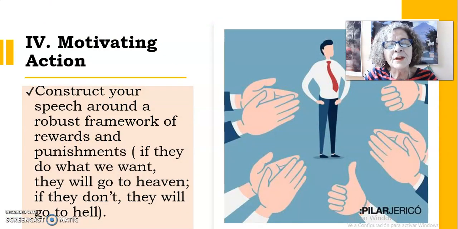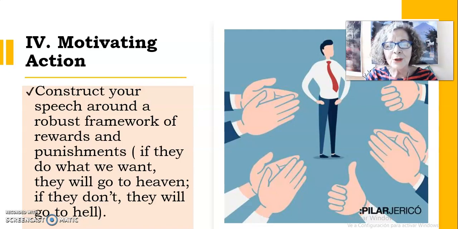Number 4, motivating action. You need to motivate the audience, of course, all the time: at the beginning, in the middle, and also at the end. Construct your speech around a robust framework of rewards and punishments.